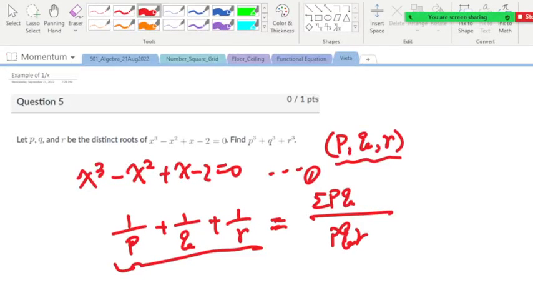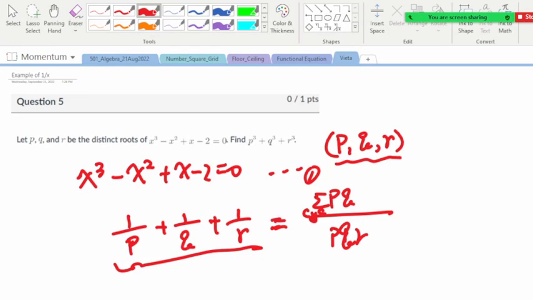Basically, it's a cyclic summation of the two-root products. So we can write it as a cyclic sum, pq. Okay, so we can write in this way. Yeah, that's good.